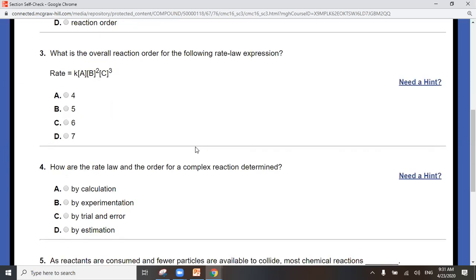Question number 3. What is the overall reaction order for the following rate law expression: rate equals K times A, B squared, C cubed?